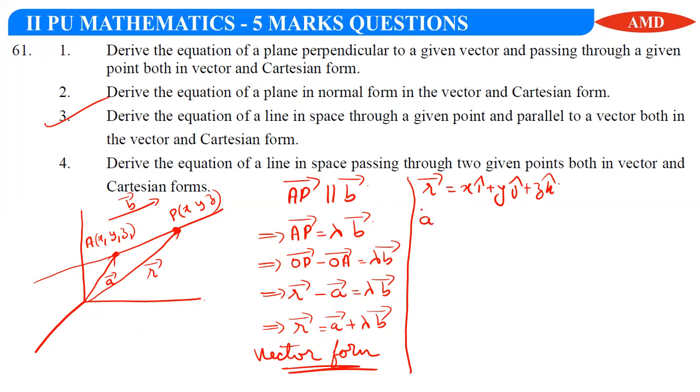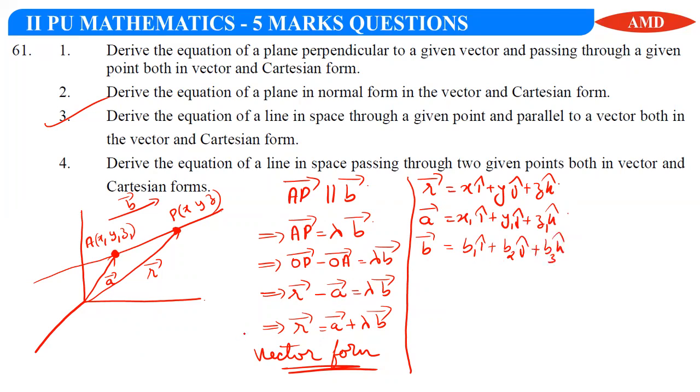And vector a, the position vector of the point A, is x1 i cap plus y1 j cap plus z1 k cap. And vector b I will write as b1 i cap plus b2 j cap plus b3 k cap. Just name it this way.